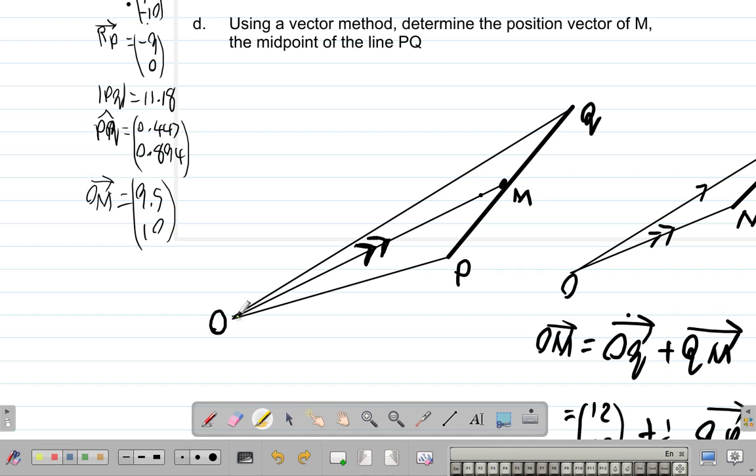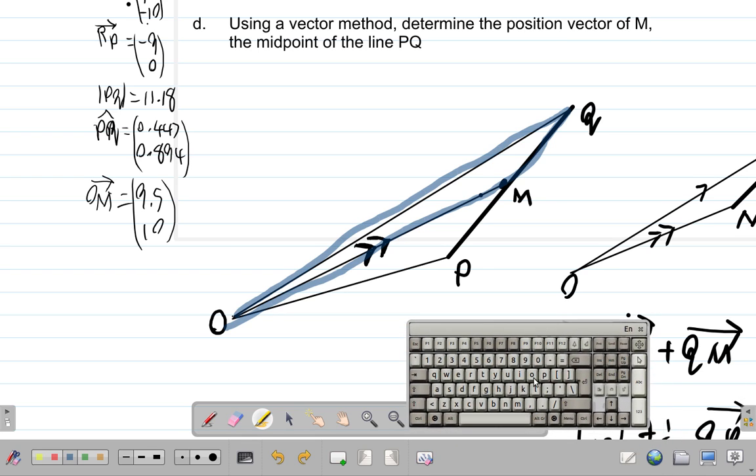And then in the second case, we used this triangle and got back the same 9.5,10. So it wouldn't matter which one you use, you get the same answer. Alright? Alright, so that is it for this question.